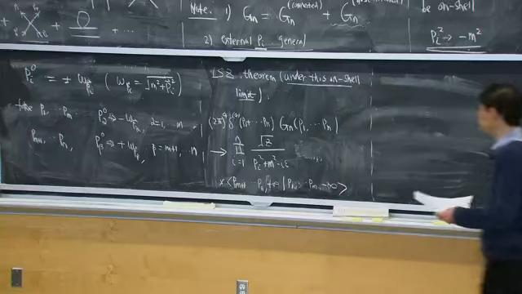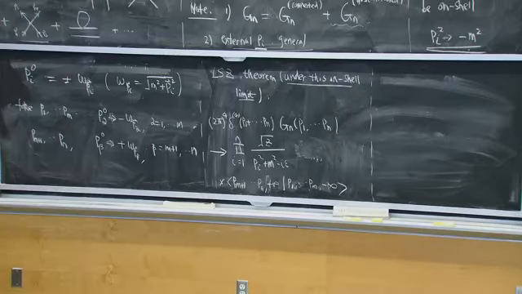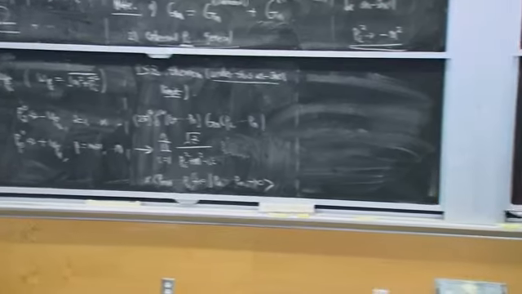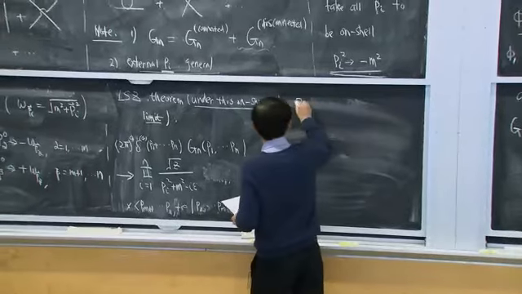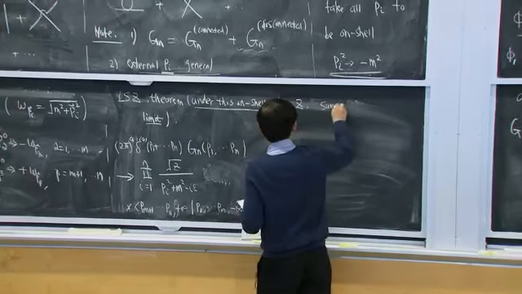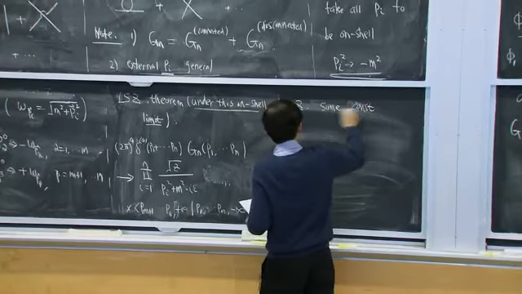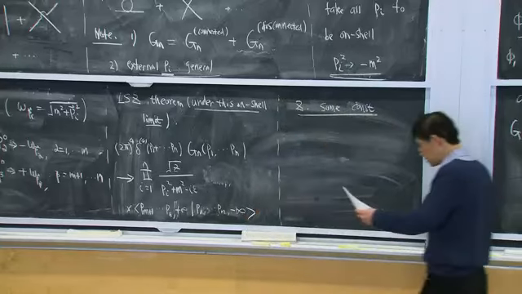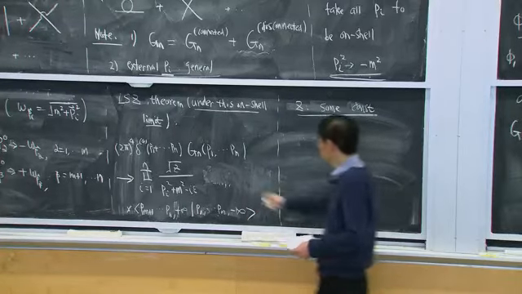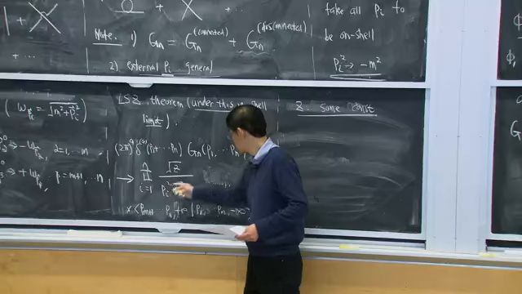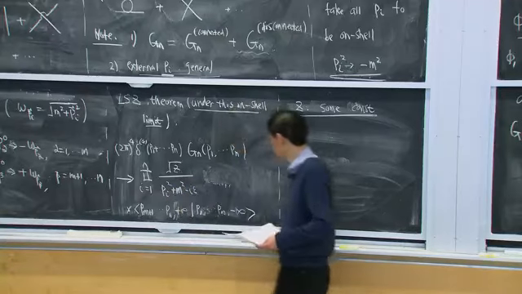So the statement is the following. And here z is just some constant, so we don't need to worry about it. So this is the square root of z divided by this factor for each external momentum.